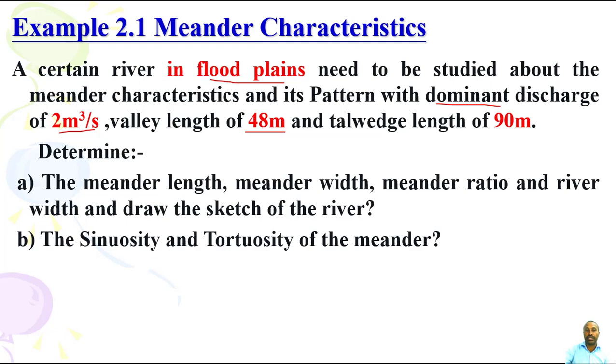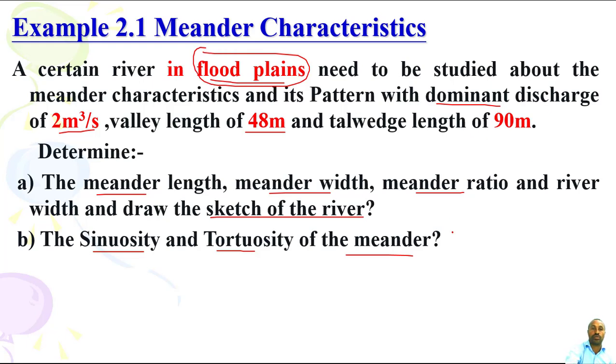Determine the meander length, meander width, meander ratio, and river width, draw a sketch of the river, and find the sinuosity and tortuosity of the meander. So you are given the dominant discharge and valley length, and the river is in a floodplain, so we will use that table, and then you have the thalweg length. Let us see the solution.